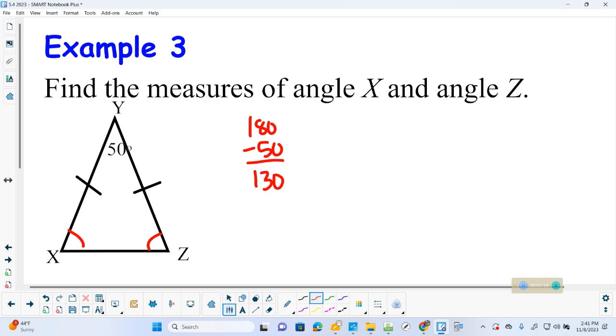And now that's how much I have left for those 2 congruent base angles. So how much is each base angle? 65. Just divide it by 2. Got it. Just going to label in the picture. It's nice to do some easy math for once. Any questions on that one? We're cruising. Okay.